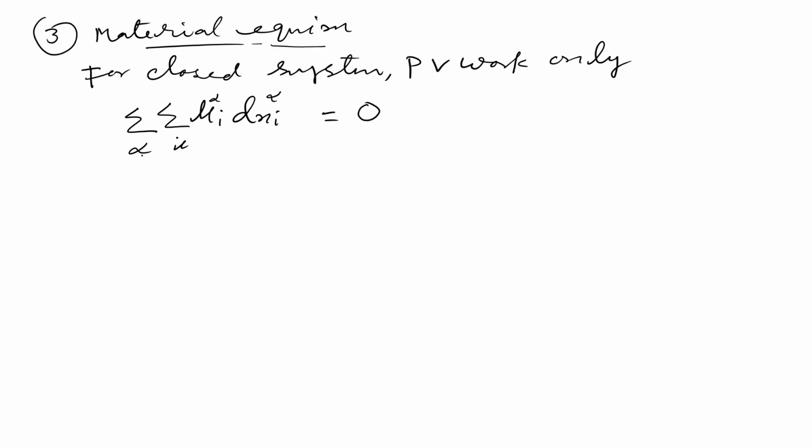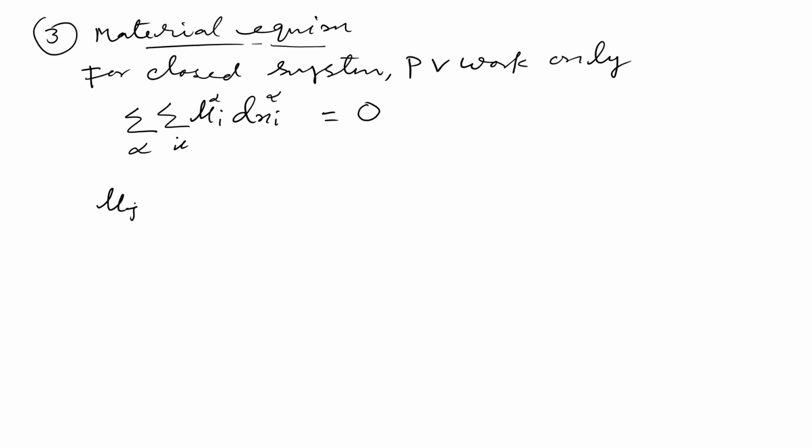Now I have two phases. One is the beta phase, one is the delta phase. So how can I write this equation? I can write that the substance is J. Okay. The same substance in the two phases, that I am denoting by J. So what can I write?